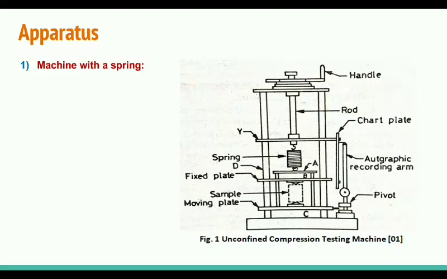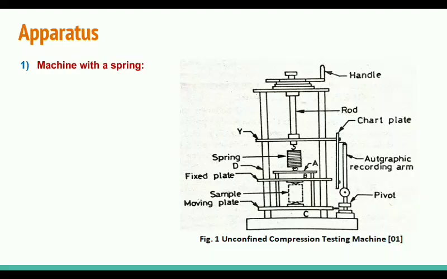You can also see a pin attached to the moving plate C, and that is attached to the pivot. A spring is attached to the bottom cylinder, the spring is attached to plate A, and plate A is directly attached to plate C.